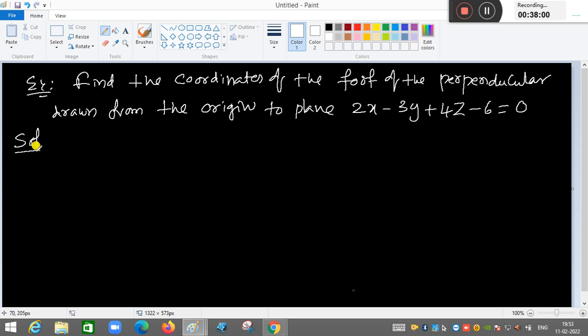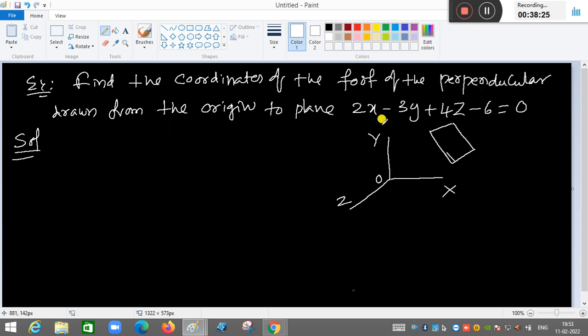Right. Okay. See, so x, y, z. There is a plane here. This is a plane. So from the origin to the plane, the foot of the perpendicular drawn.